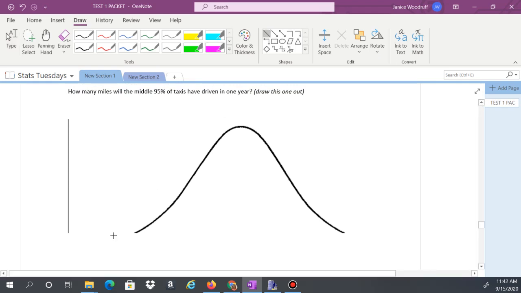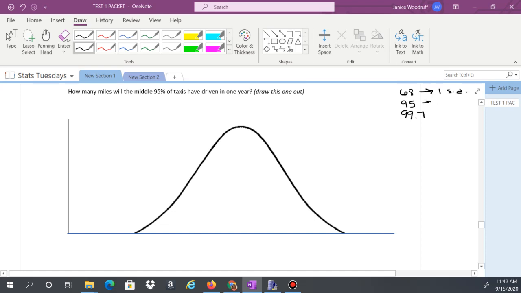All right, so I don't know why this didn't copy here, but here's your normal distribution curve. So this is using the empirical rule. Remember that 68, 95, 99.7, 1 standard deviation, 2 standard deviations, 3 standard deviations.